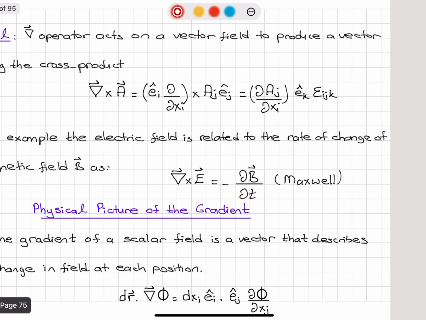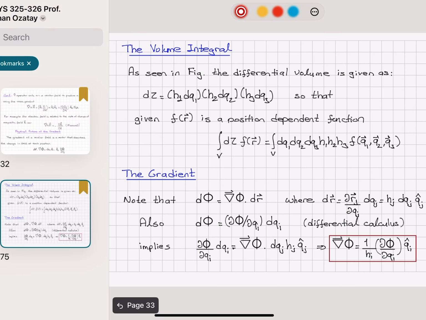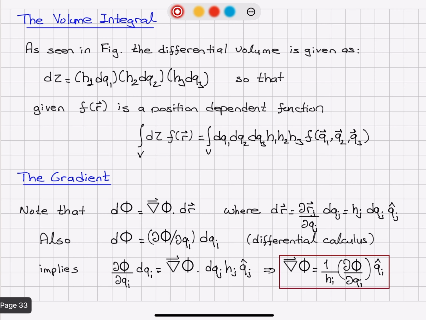If we go back, we can see that the gradient is always perpendicular to constant phi surfaces, and we can use the differential calculus definition of the differential change in phi, which is you have to take the partial derivatives with respect to all variables, multiply each by a differential change in that variable, and add it up.